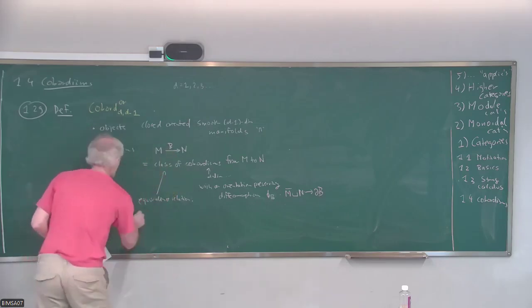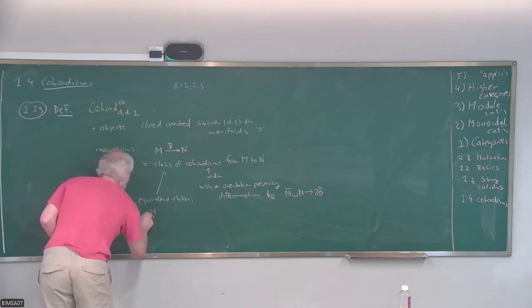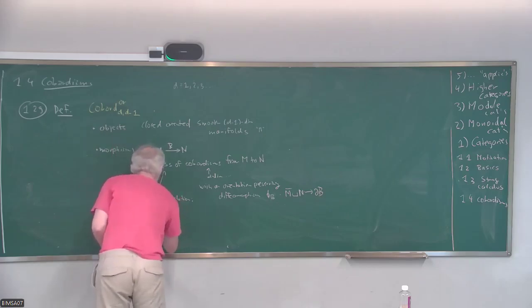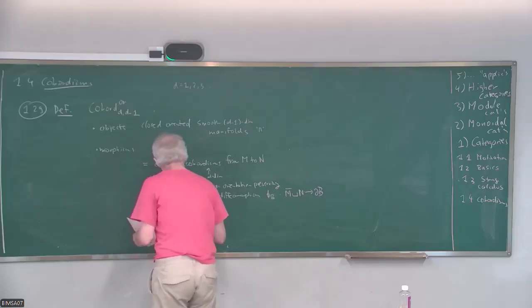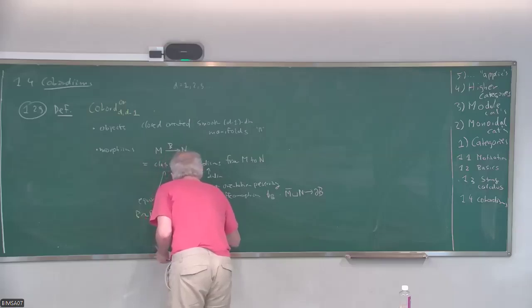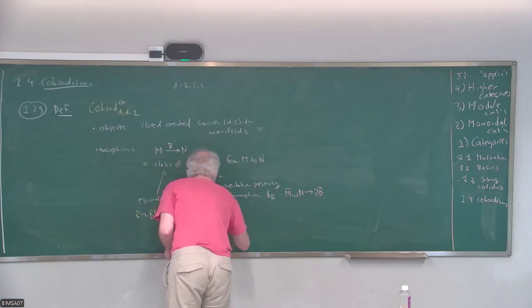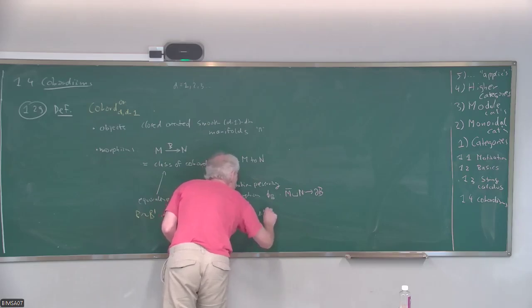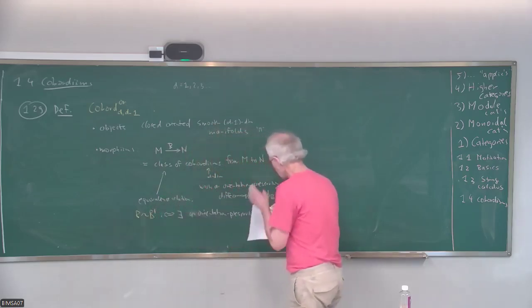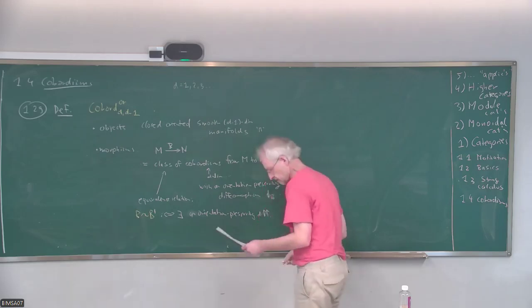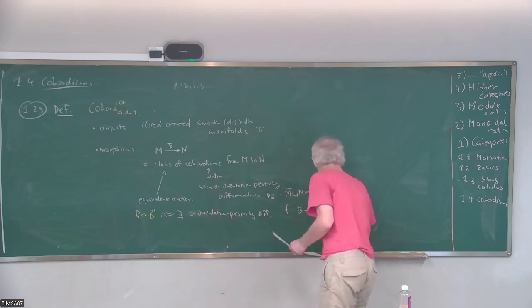We say that B and B prime are equivalent if there exists an orientation preserving diffeomorphism, let's call it F, from B to B prime, such that the following holds.